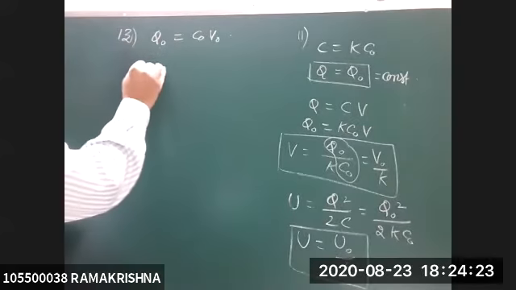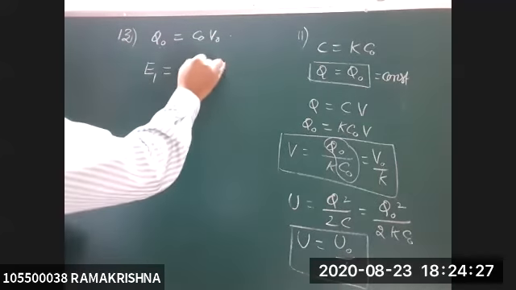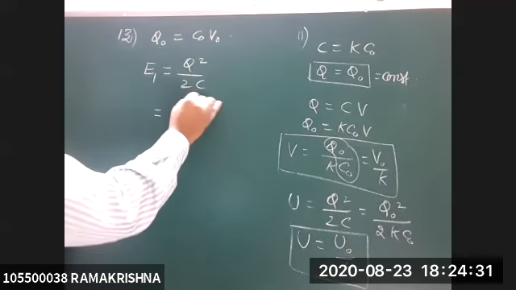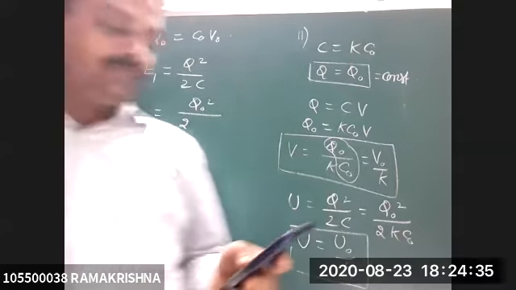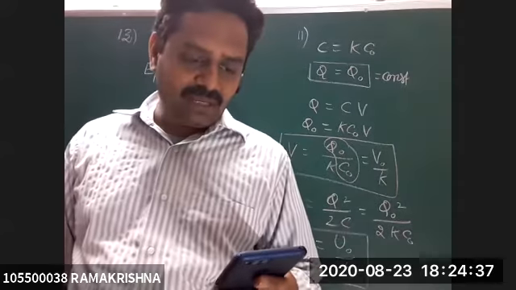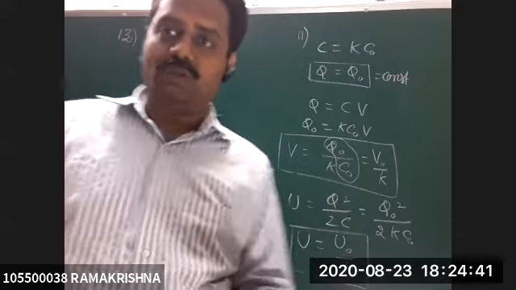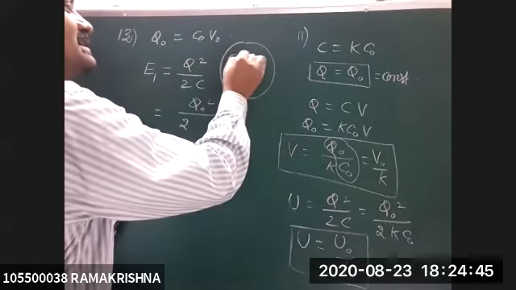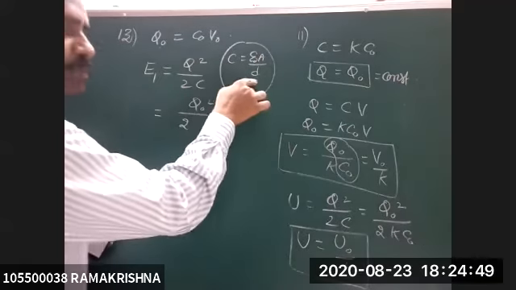So we know the expression for energy, E1 is equal to Q square divided by 2C, is the basic formula, right? But Q and Q naught are one and the same. On separating the plates to double the distance, what happens? We know the basic formula C is equal to epsilon naught A divided by D. C is inversely proportional to distance.